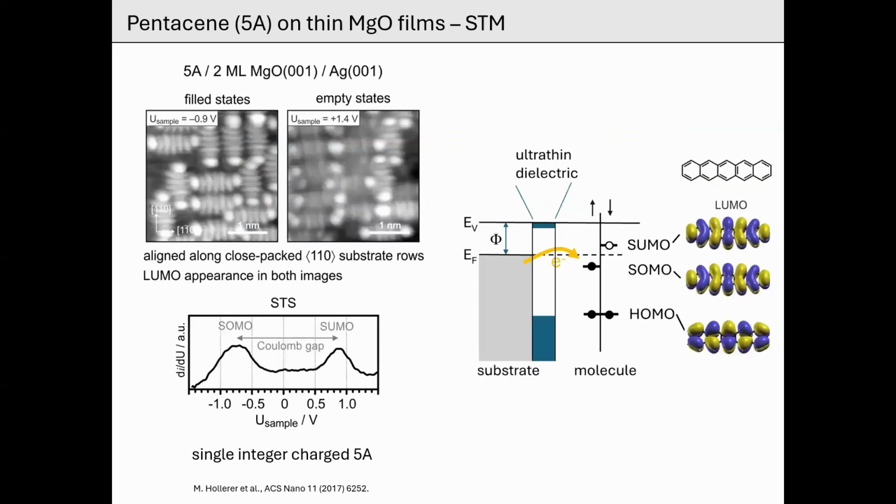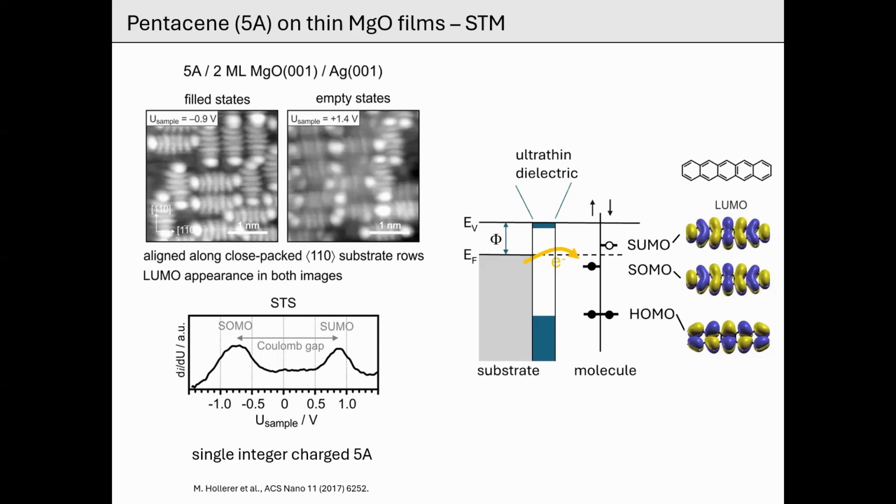Good. Our first test on this was with an organic molecule, pentacene, which is an organic semiconductor. We put these pentacene molecules on our stoichiometric magnesium oxide surface, took STM in the filled states and the empty states, and you see an orbital-like appearance, and the orbitals look similar in filled and empty states.